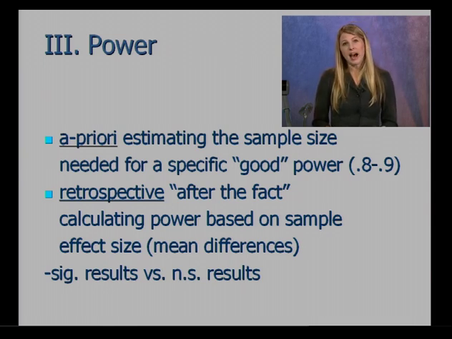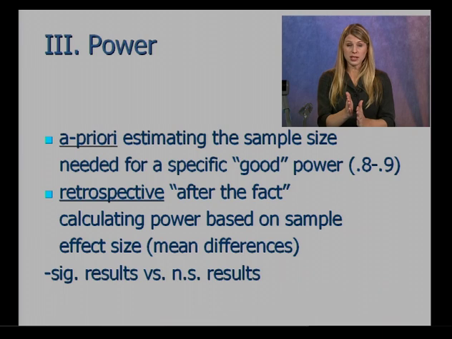Retrospective power is after the fact. After you've already collected a sample and analyzed the data, you take the difference between your two sample means, and you base your effect size on that difference. Then you decide, okay, with the sample size I already used, which I can't change, what was power?